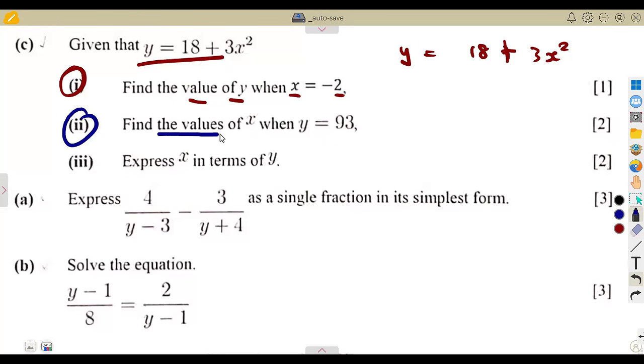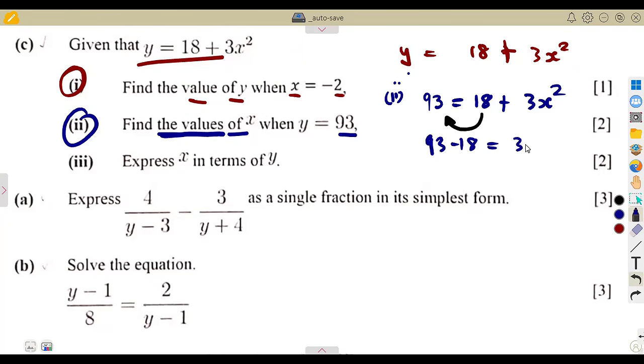Find the values, not just a value, but the values of x when y is 93. So again, it is a substitution. In place of y, we are going to substitute 93 is equal to 18 plus 3x squared. So let's solve and see the values of x. You're going to transpose the 18 to this side. 93 minus 18 is equal to 3x squared. 93 minus 18 is 75, which is equal to 3x squared.